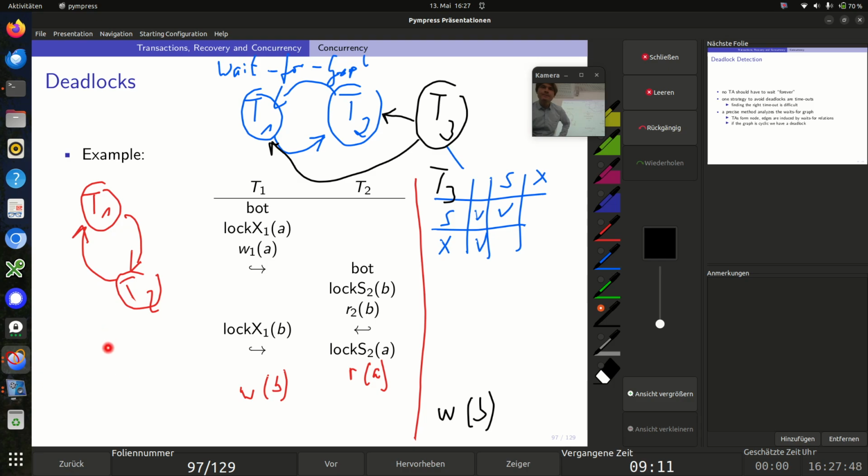But then what's the order? When does T3 come? Afterwards. So we see first T1, A, then the A here, and the B here, then the B here. So basically T3 has to come afterwards.